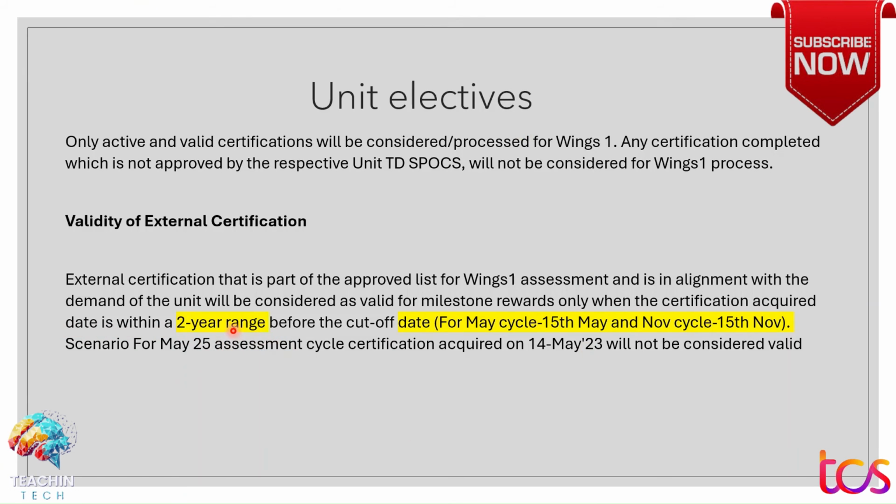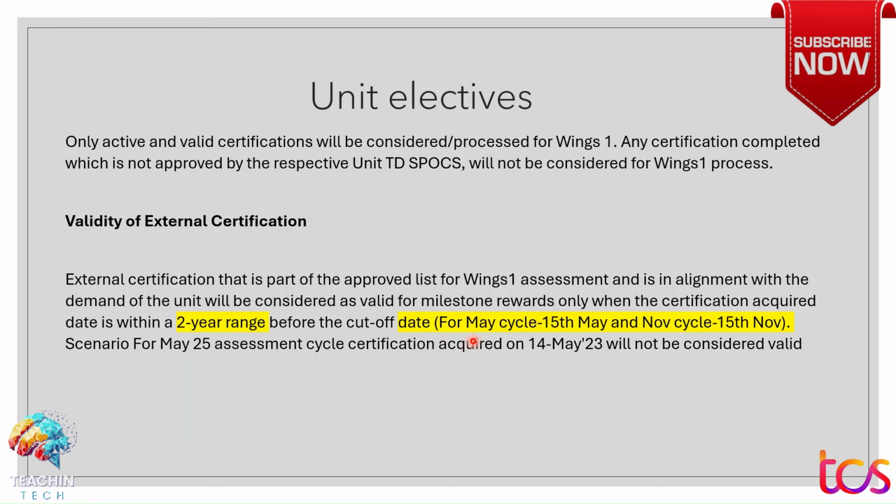So it should be within a 2 year range. A simple example: if you are uploading now, the certification you made, that means you wrote the exam for that, it should be, this is the year 2024, right? It should be in the year 2022 itself. They will not consider the certification which happened in 2021.